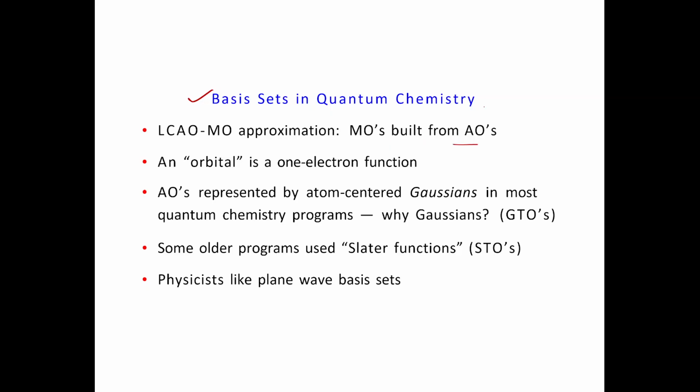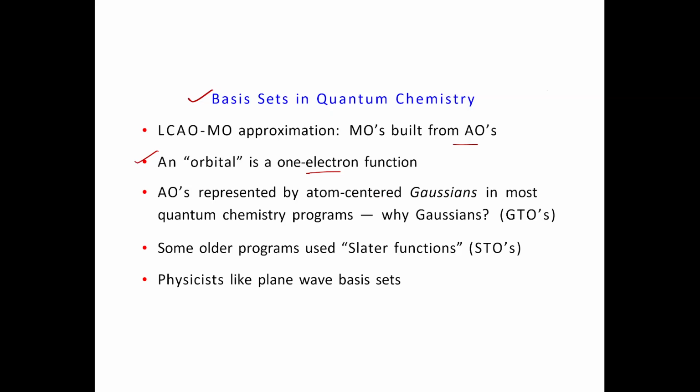You can form any MO, like psi_i, as a summation over mu of C_mu i times chi_mu. If chi_mu is the basis set, you can take a linear combination and form the molecular orbital. An orbital is obviously a one-electron wave function.